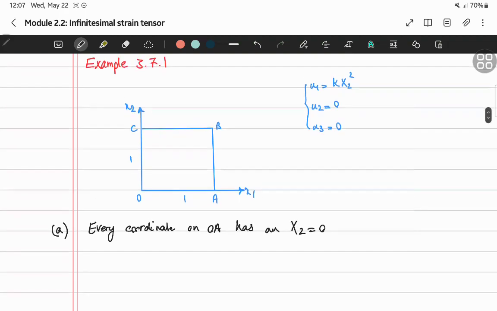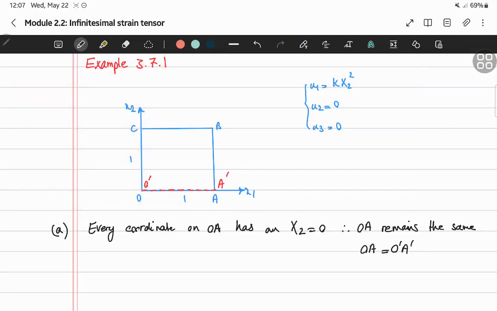And since x2 is equal to 0, it gives us u1, u2, and u3 remain 0. Therefore, OA remains the same, which means OA is equal to O prime, A prime. Let's say that this is the current or deformed configuration. So if we just plot this, this becomes O prime, A prime.